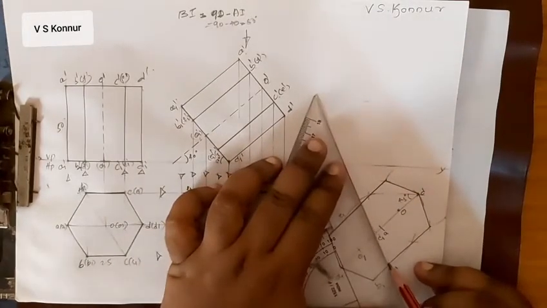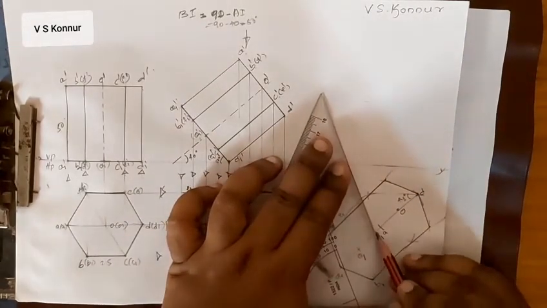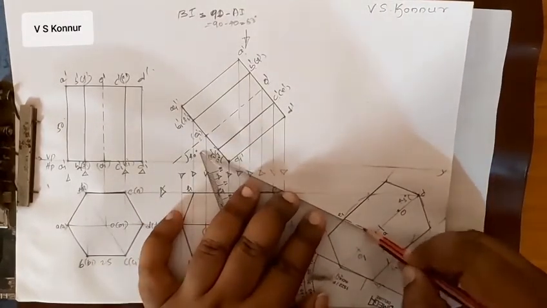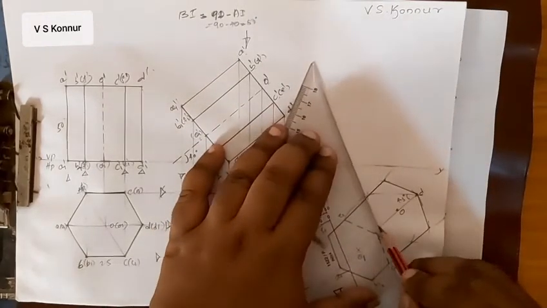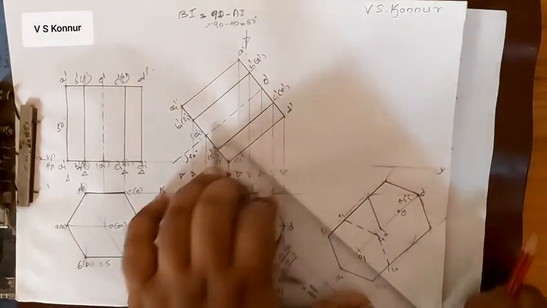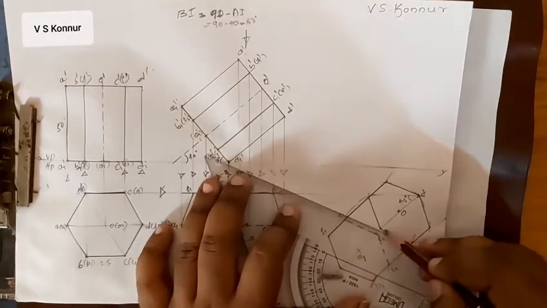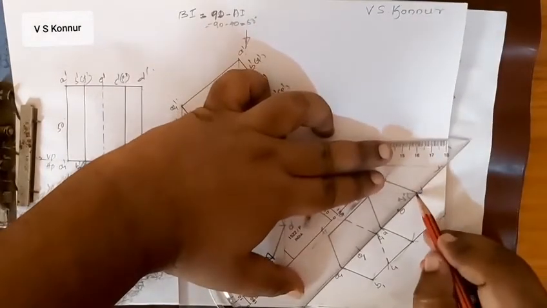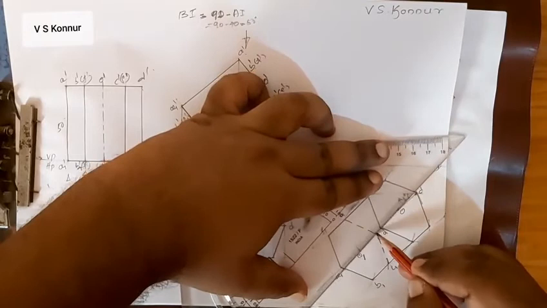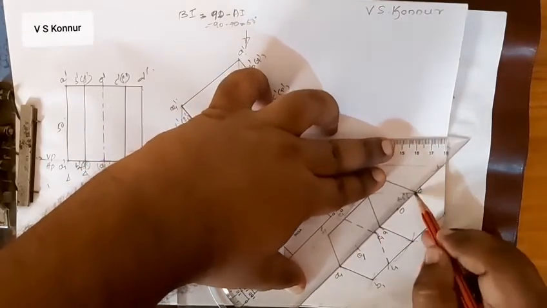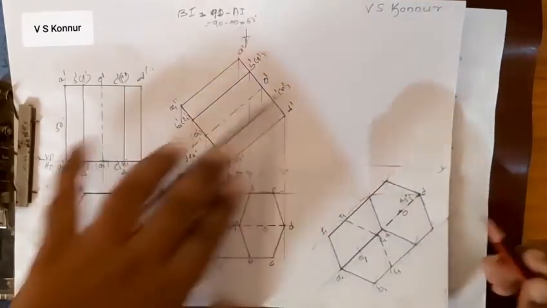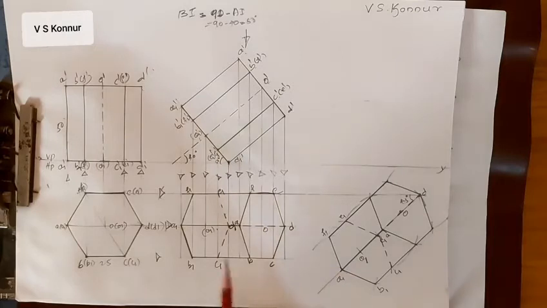Next we'll join these dash lines. We got all the points. This is a dash line, and this is continuous. Now we got exactly this position here with 45-degree inclination.